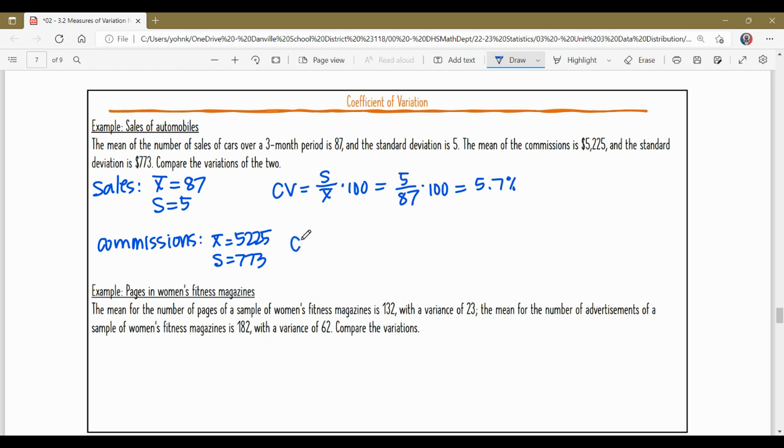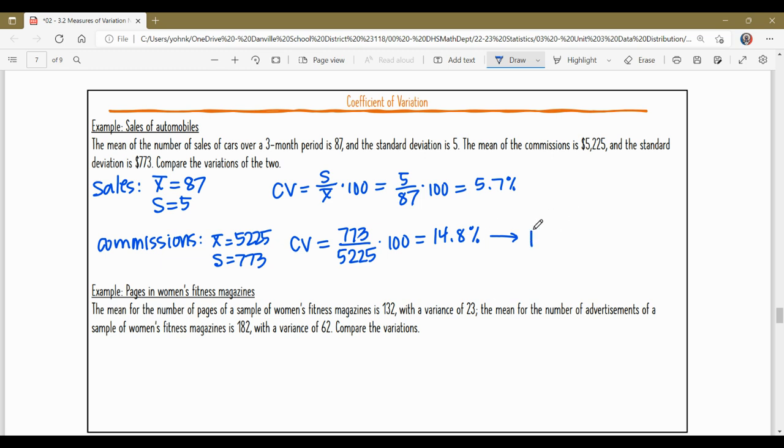If we find the coefficient of variation for commissions, I'm going to take the standard deviation 773 and divide by the mean 5,225 and then times by 100. This is going to give me 14.8%. What this tells me is that the commissions are more variable than the sales, which means the values in the list of commissions are going to be farther apart from each other, more spread out, more dispersed than for sales.